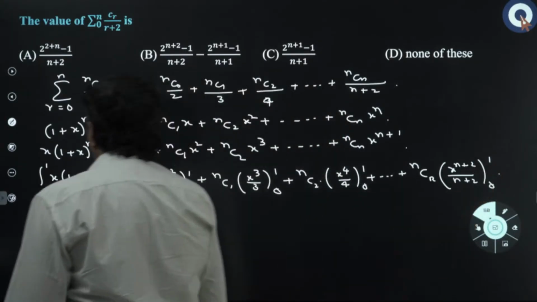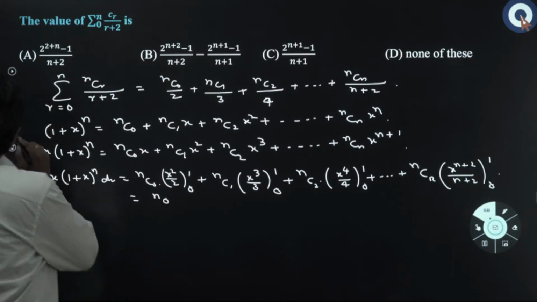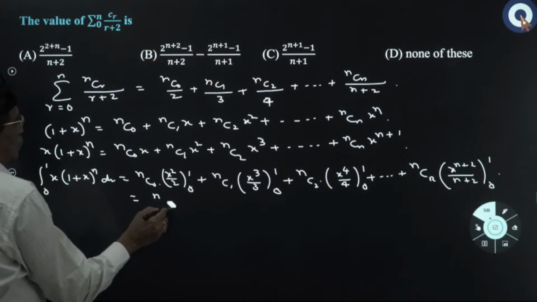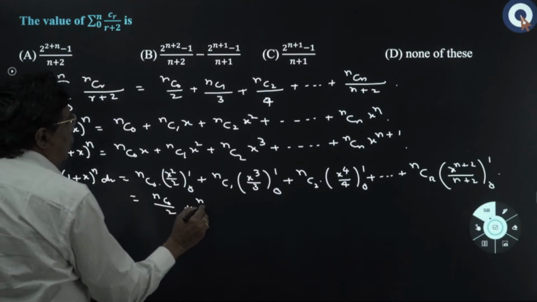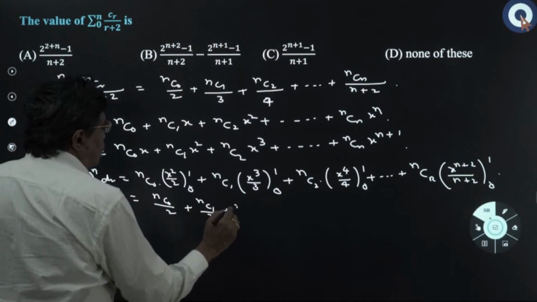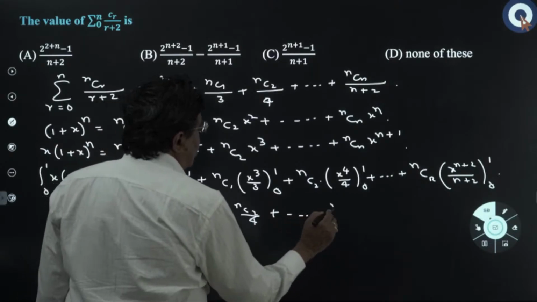So this is nC0 by 2 plus nC1 by 3 plus nC2 by 4 and so on, plus nCn by n plus 2.